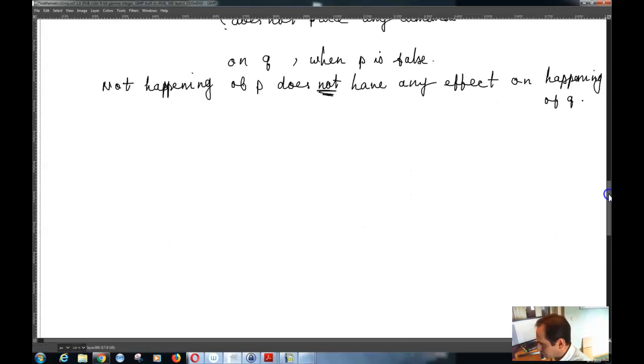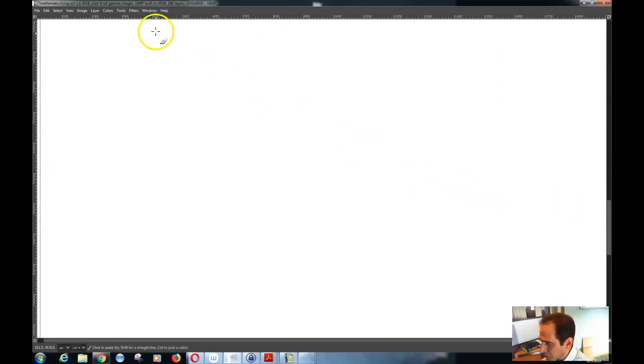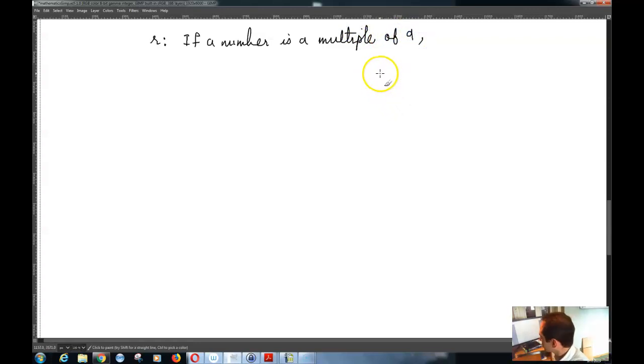So now suppose that you have some statement, for example R: if a number is a multiple of 9, then it is a multiple of 3.